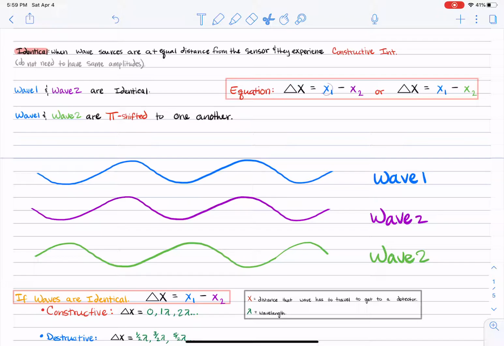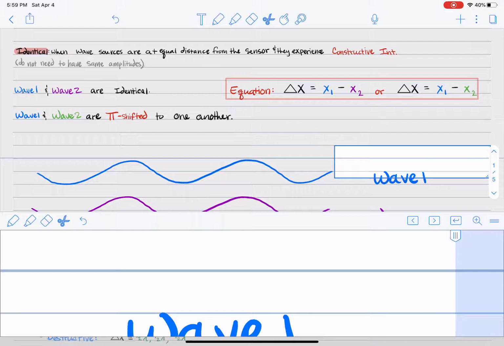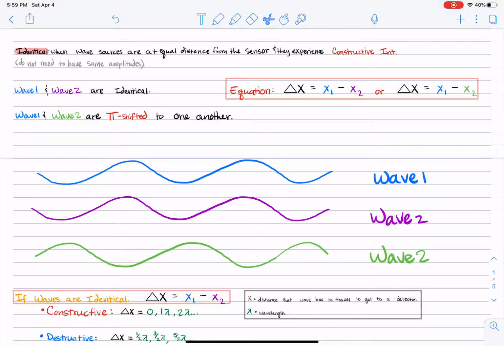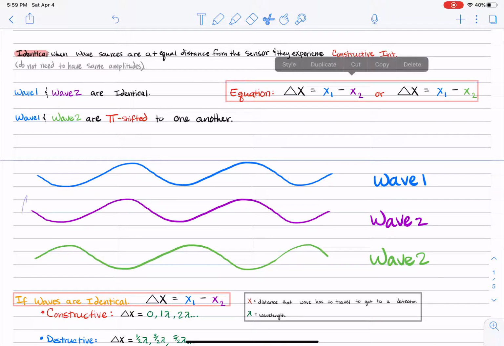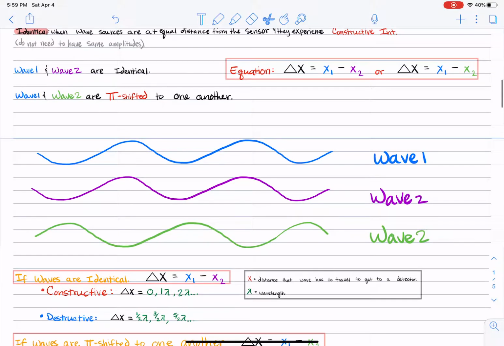So x1 is the distance of this speaker from the detector, and x2 is the distance of the blue source to this detector. Again, x is the distance the wave has to travel to get to the detector.